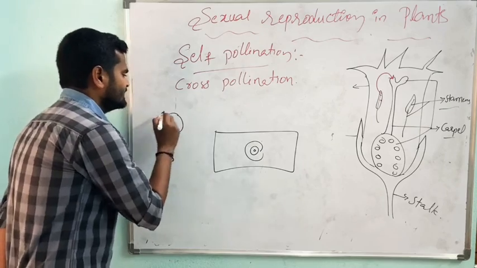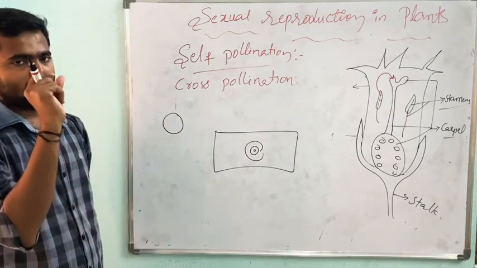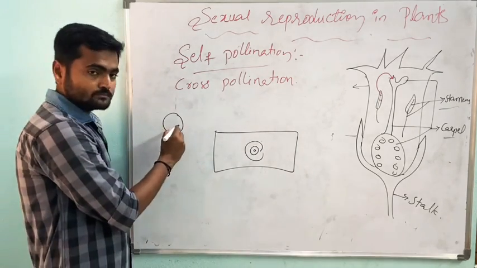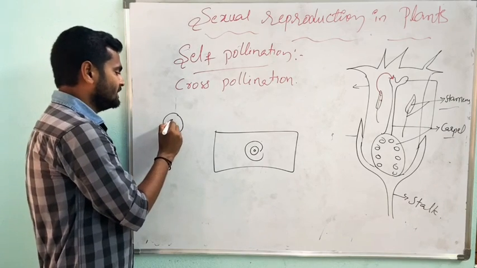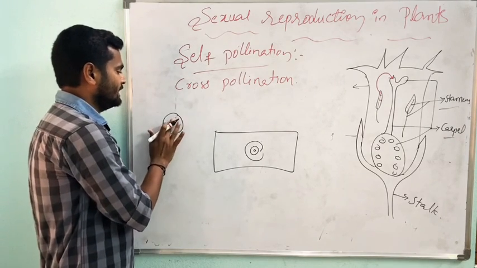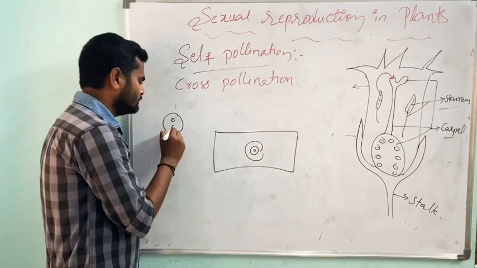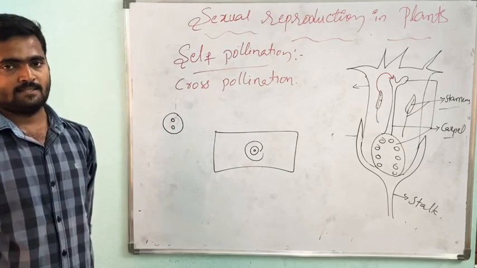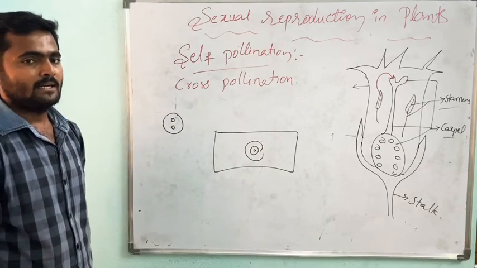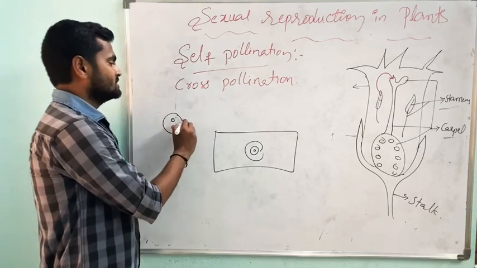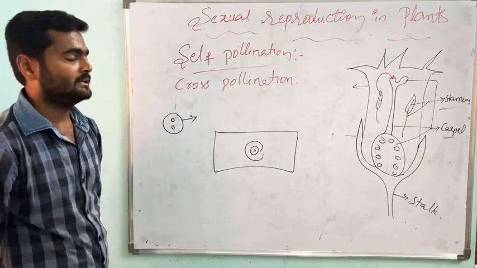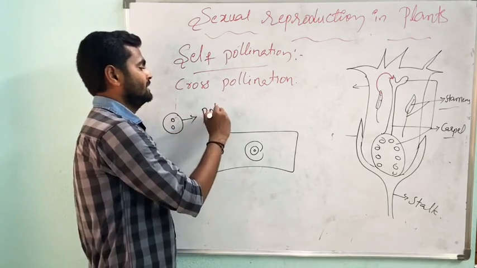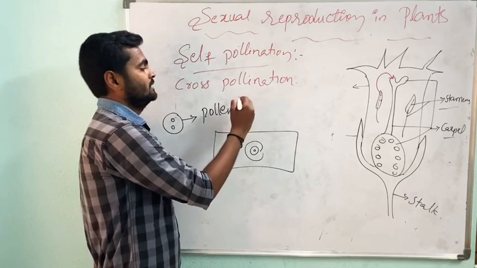So here you can see a small oval, round-shaped structure. Inside that is a lot of cytoplasm, and along with that it contains 2 male nuclei. So this is called what, Nana? Pollen grain, the male reproductive cell.